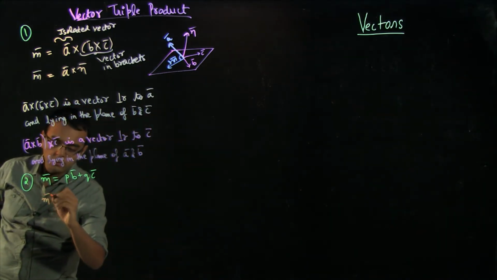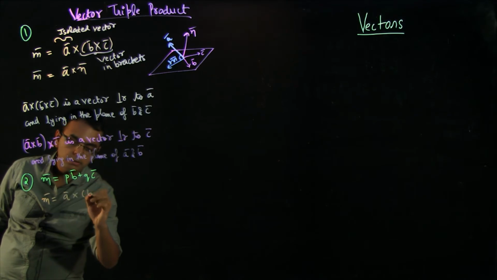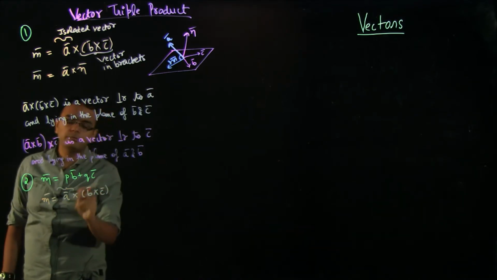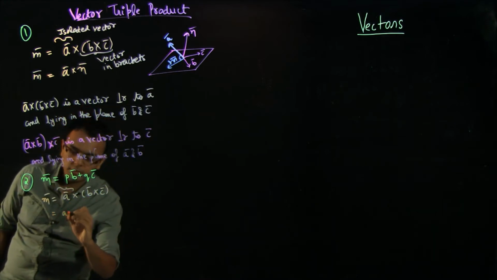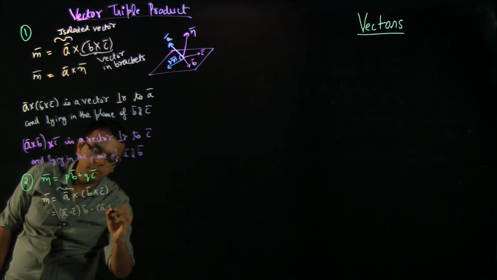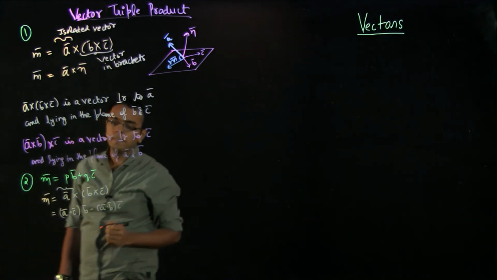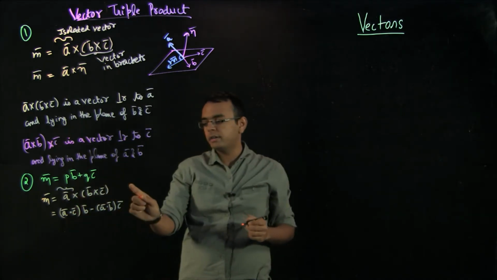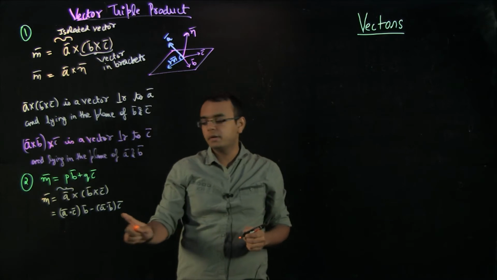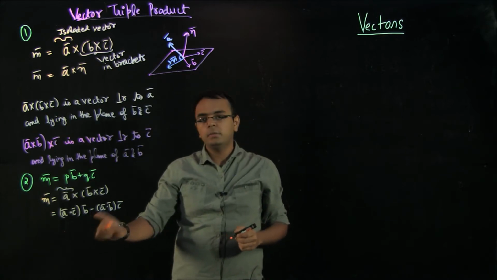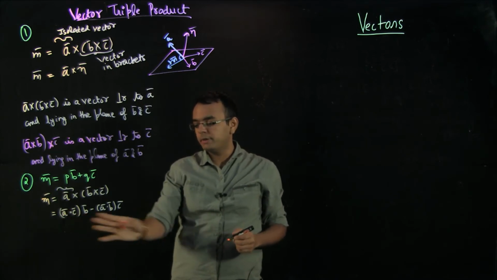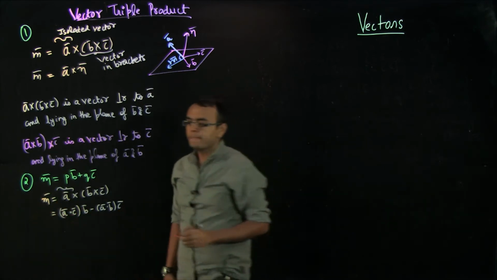If you have M equal to A cross (B cross C), then you take the isolated vector and dot it with the farther vector. So you write A dot C into B minus A dot B into C. First you dot it with the vector away from it and multiply with the near vector, then you dot it with the near vector and multiply with the farther vector, with a minus in between. Scalar multiplies vector, scalar multiplies vector, so the output is a vector, and you have M.